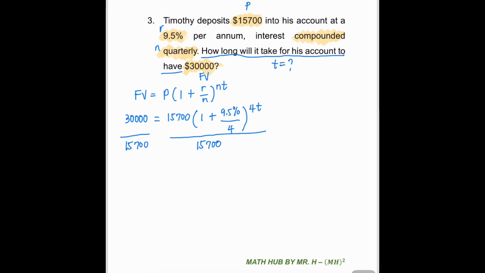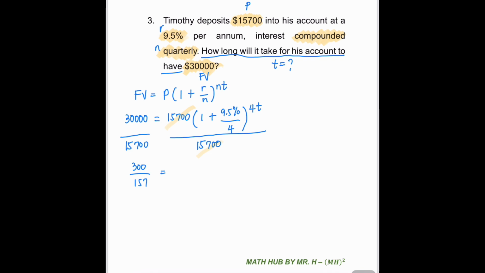And from here we can divide both sides by 15,700. So 15,700 divided by 15,700 cancels out, or is equal to 1. So the left-hand side is 30,000 divided by 15,700. We can simplify that to 300 over 157, so we can keep it that way.